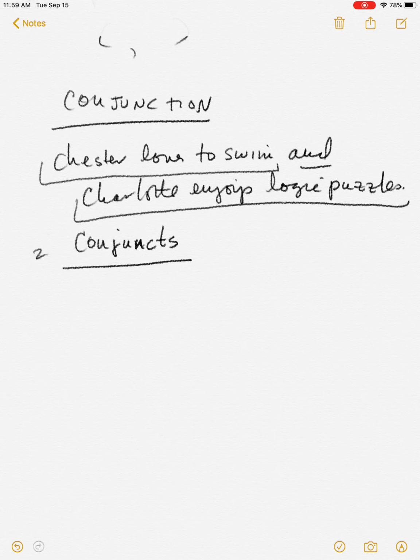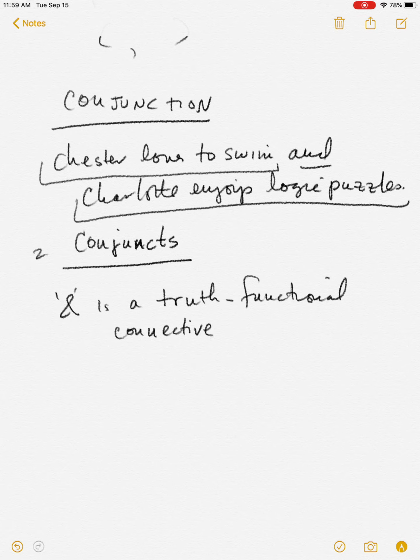And this ampersand is a truth functional connective. That is, any sentence that is formed by means of the ampersand is such that its truth value is a function of the truth values of the component sentences.